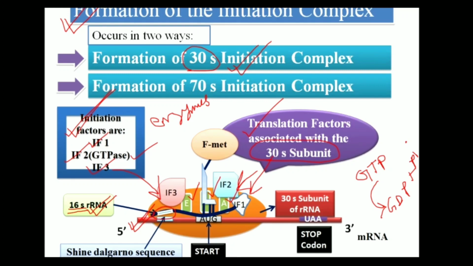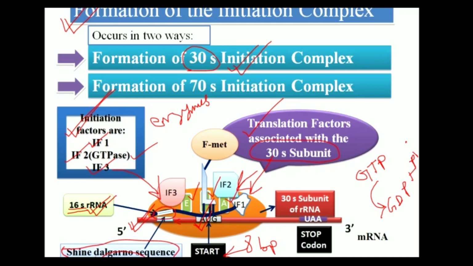This rRNA has specific sequences which are complementary to the mRNA. Here you can see in the mRNA there is a start codon, and nearly 8 base pairs upstream of the start codon you will find a sequence in the mRNA known as the Shine-Dalgarno sequence, which has a sequence like UCC.